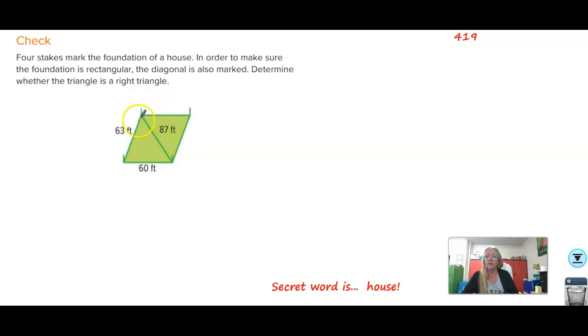All right, again, we have 3 sides of a triangle. We want to know if we have a right triangle. These are the two shortest sides. So we have 63 squared plus 60 squared equals, and then the longest side, which would be the hypotenuse in the event this is a right triangle. 63 squared is 3969.